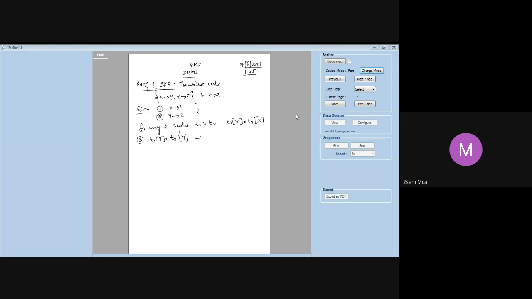Why? This is because from point 1, we are given X implies Y. X determines Y and Y determines Z. We are given already that.